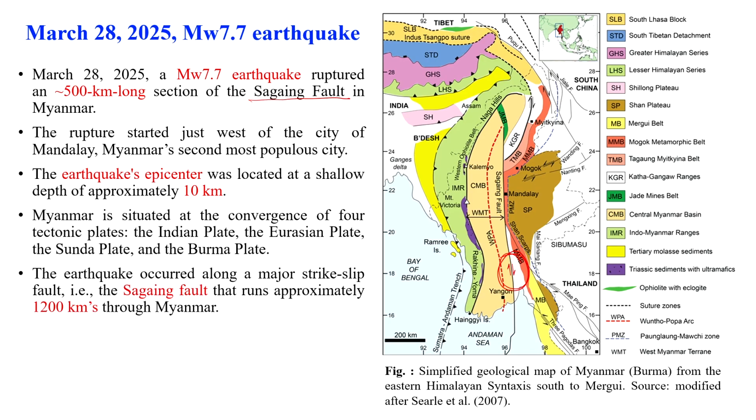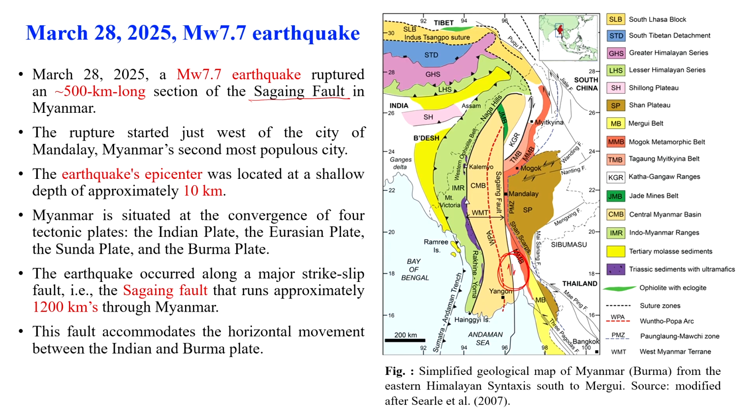Of course, many people say that there are a few microplates which are also playing an important role, but mostly what we see is that the deformation is accommodated horizontally between the two plates, that is the Indian plate and the Burmese plate, and this fault is named the Sagaing fault.